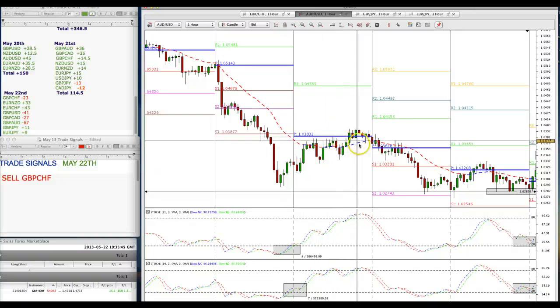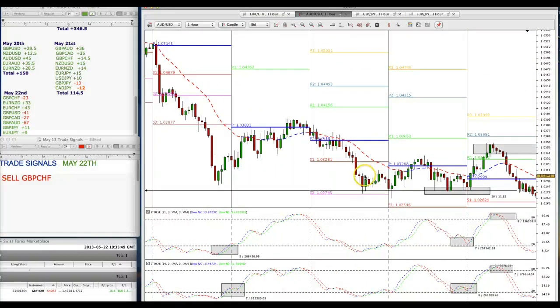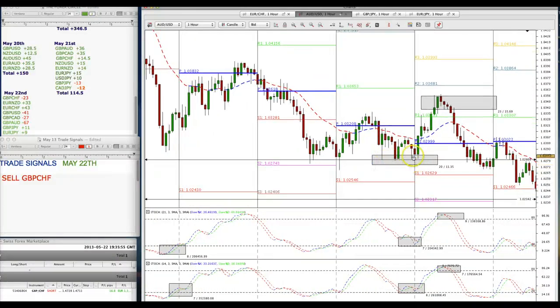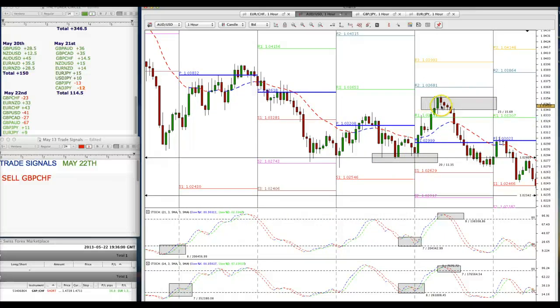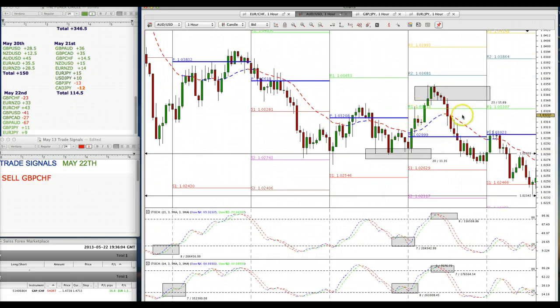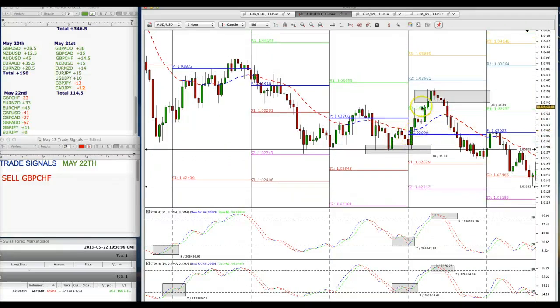And as you can see, that's what's happened each day. Market sold off, found support, went up to the main pivot point, tried to penetrate it, failed, turned around and went south. Here we had a major retracement, but even here the market failed to print any higher and turned around and went south. Because why? We're in a downtrend, and occasionally it will break the main pivot point but stall out.